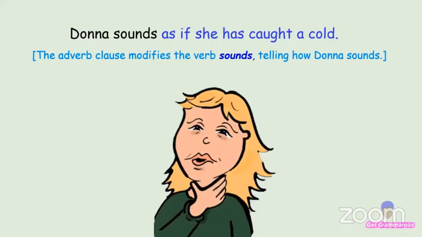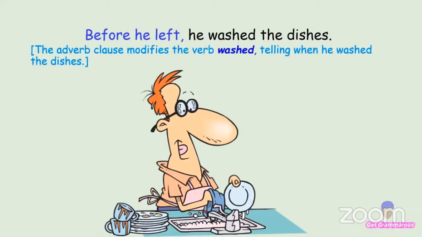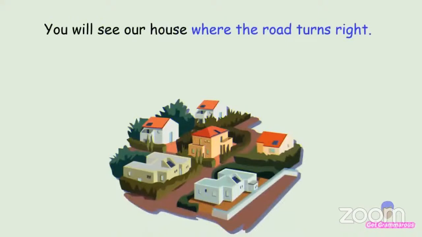Another example. Before he left, he washed the dishes. The adverb clause before he left modifies the verb washed, telling when he washed the dishes. Another example. You will see our house where the road turns right.